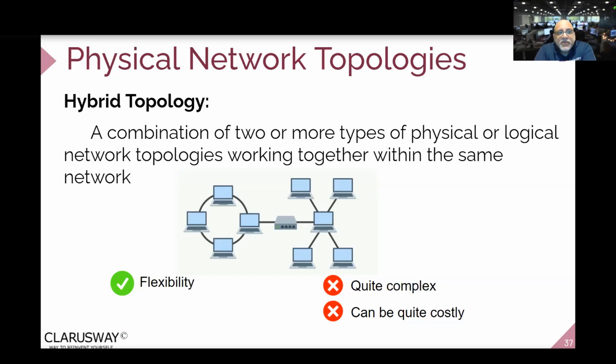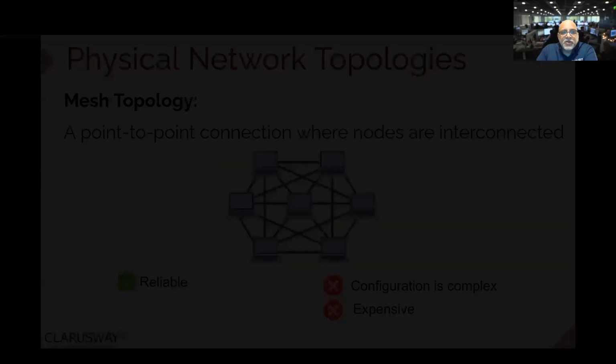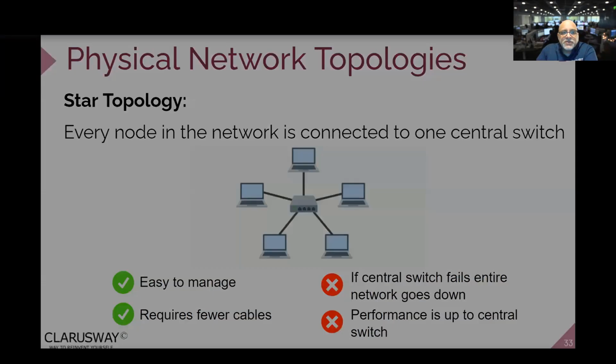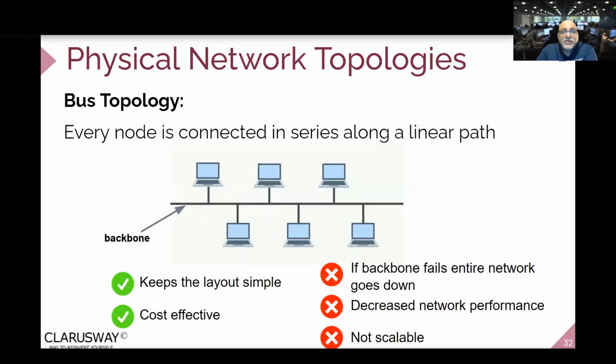All right, so we've talked about the topologies. I want to go back to the question of what your home office or your home would look like, right? So let's go back and review some of these, starting with the physical topology.